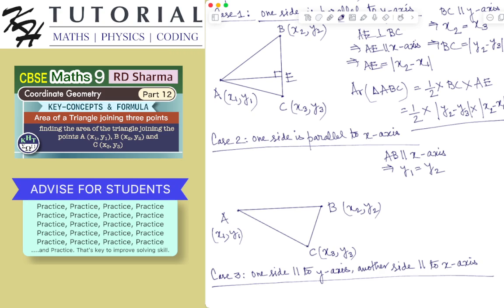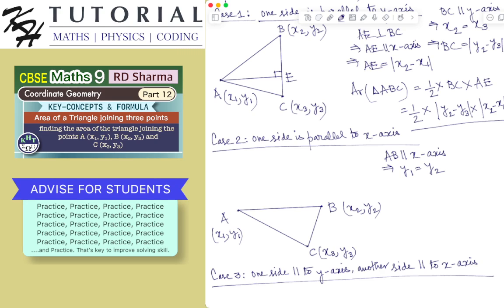If two points have the same abscissa, the side joining them is parallel to the y-axis. And if two of the given points A, B, C have the same ordinate, the line segment joining them is parallel to the x-axis.